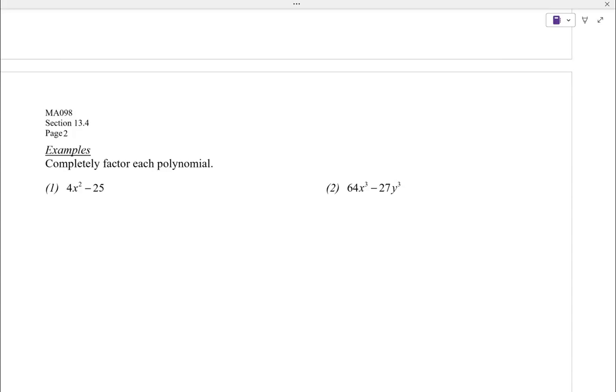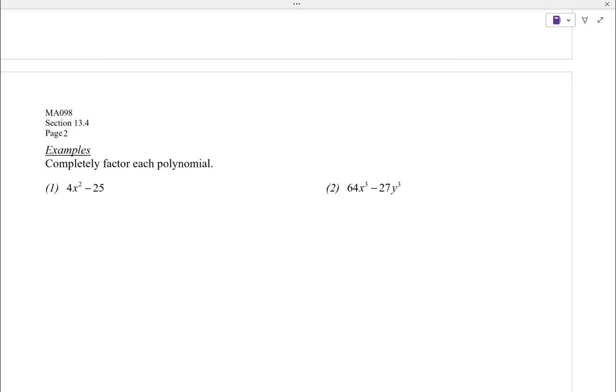All right, so anytime you see a two-termed polynomial like this, and you're being asked to factor, it's probably going to be one of these special forms. Now notice that in this case we have a difference, so it's probably going to be one of our difference formulas.